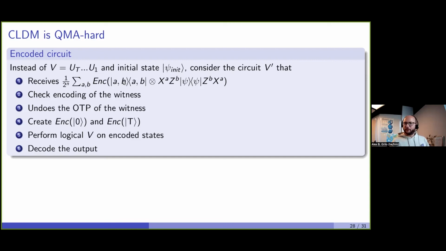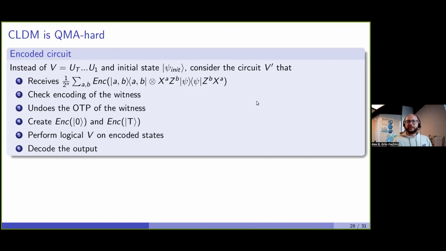For technical reasons, we also need this witness to be one-time padded, so the prover will also send the one-time pad keys of this encrypted state. This is fine, but morally, what's happening is that the prover is sending the encoded version of psi.